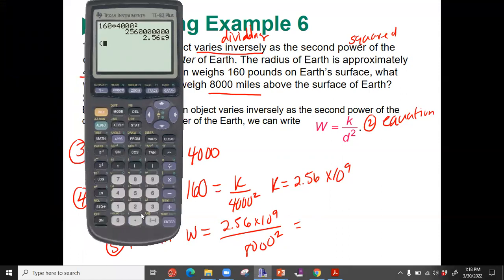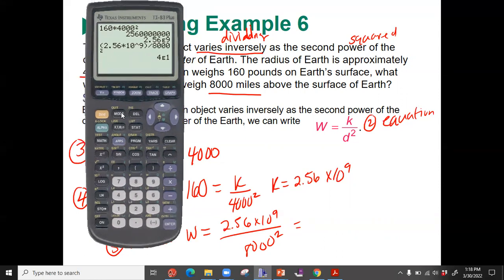So I have 2.56 times 10 to the 9th divided by 8,000 squared. I hit enter, and it gives me 4 E to the 1.